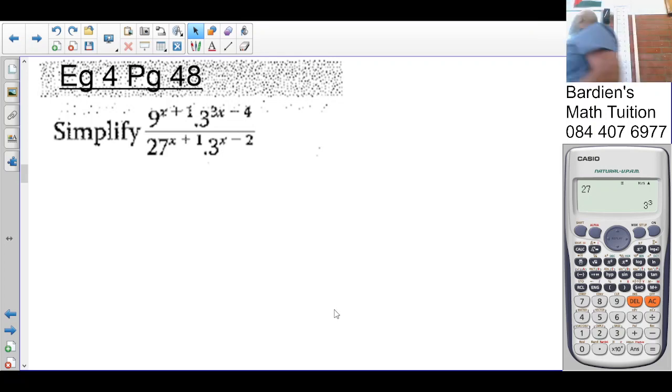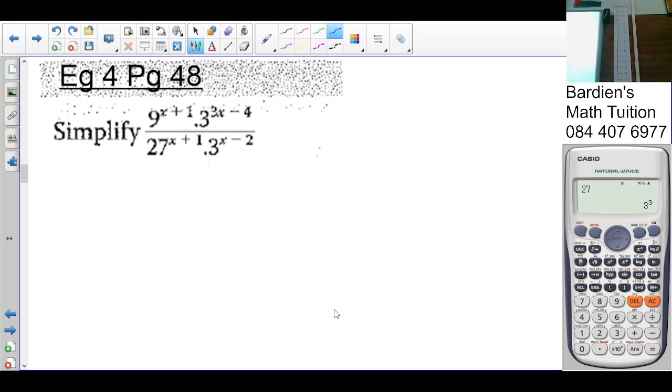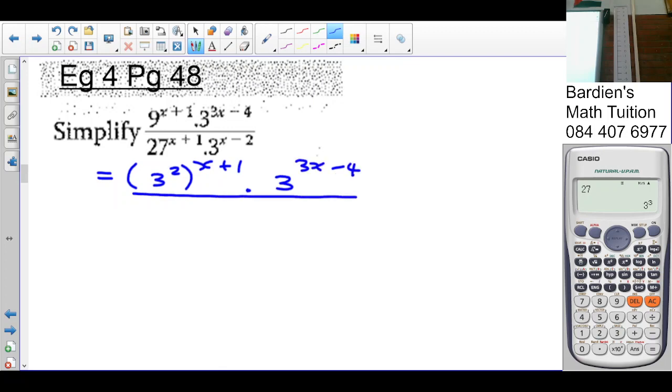So which bases can be broken up? 9 and 27. 9 can be written as 3 squared. So we have 3 squared raised to the x plus 1 times 3 to the 3x minus 4, over 3 cubed raised to the x plus 1 times 3 to the x minus 2.